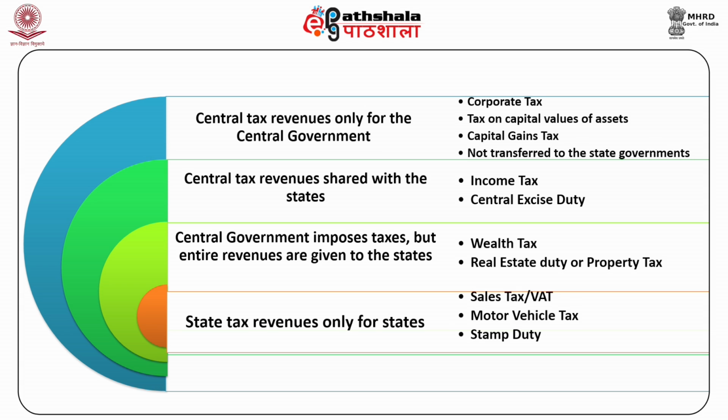In some cases, the central government imposes taxes, but the entire revenues are given to the states, for example, wealth tax and real estate duty or property tax. State tax revenues only for states: state governments levy and collect tax revenues, for example, sales tax or VAT, motor vehicle tax and stamp duty.